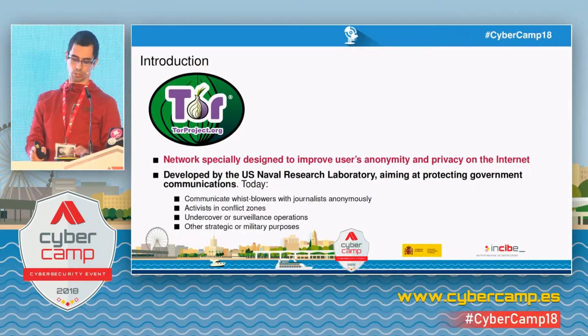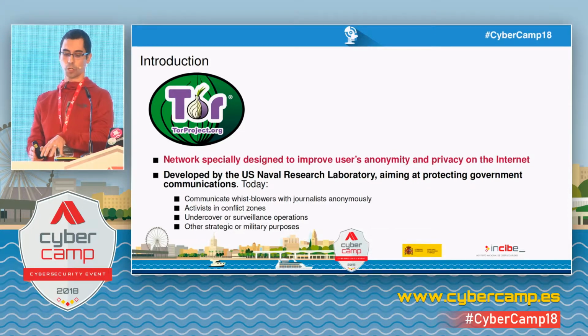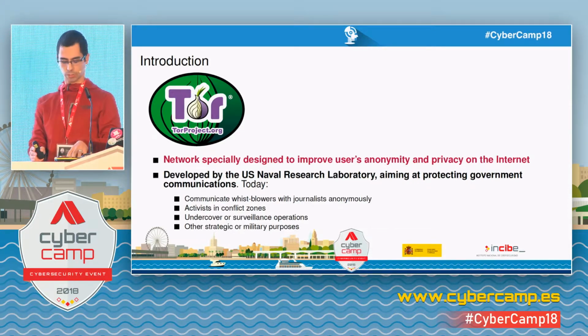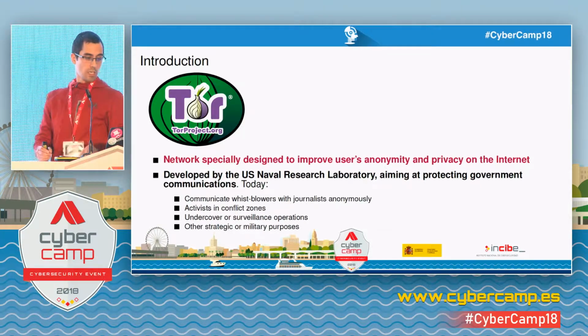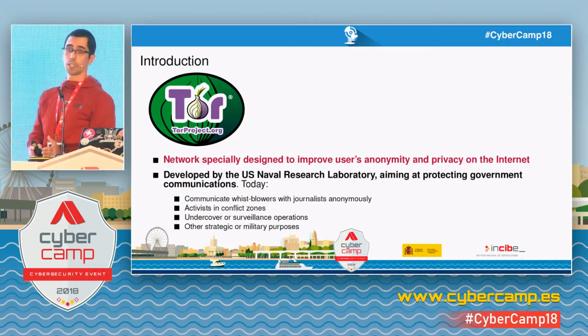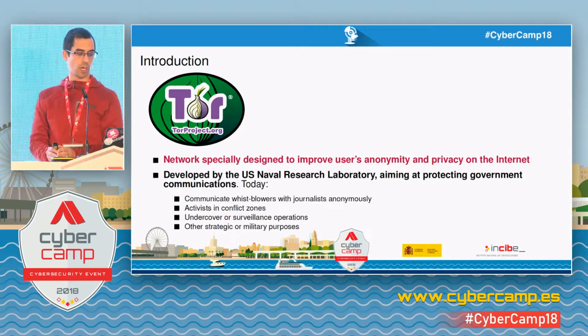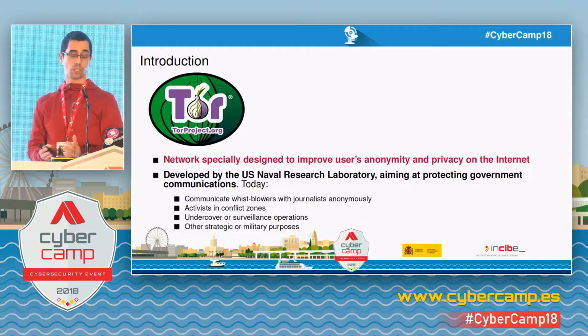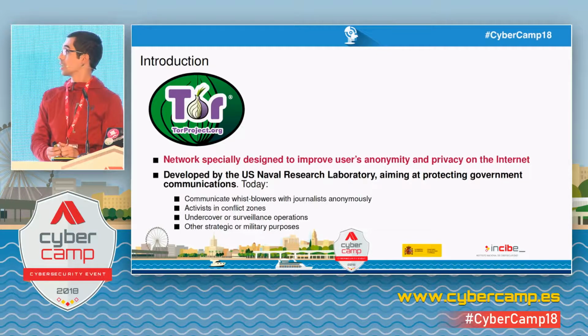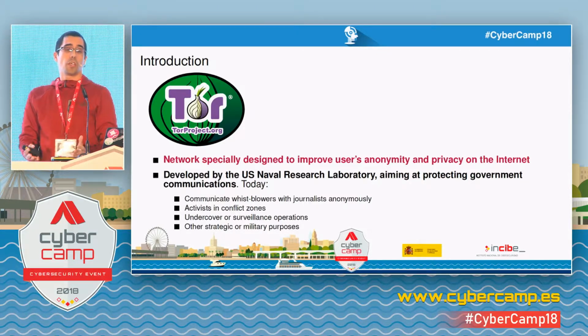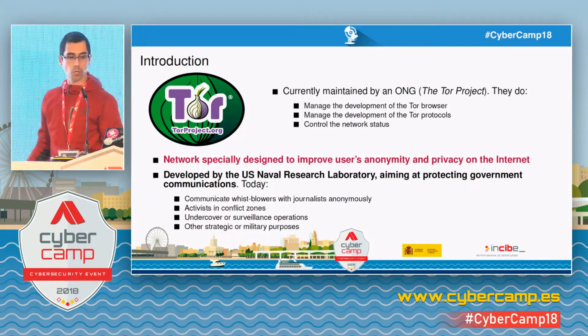Today, this network allows journalists to communicate, or activists who are in dangerous areas, in an anonymous way. It allows the state, for example, to carry out undercover operations or surveillance operations, and of course other types of strategic or military operations.